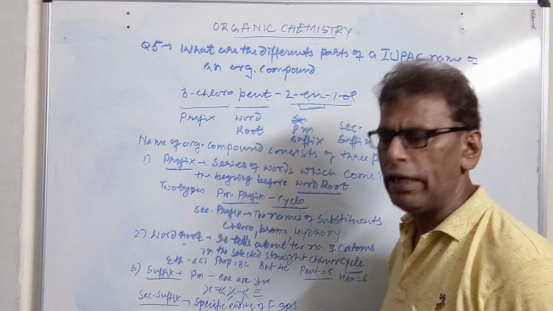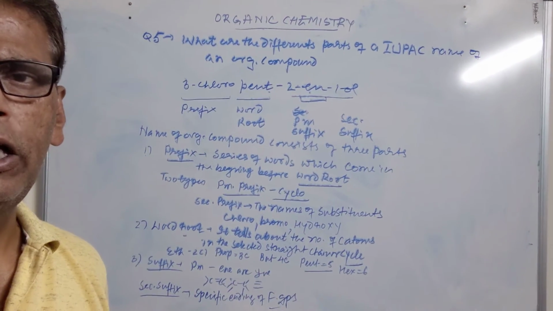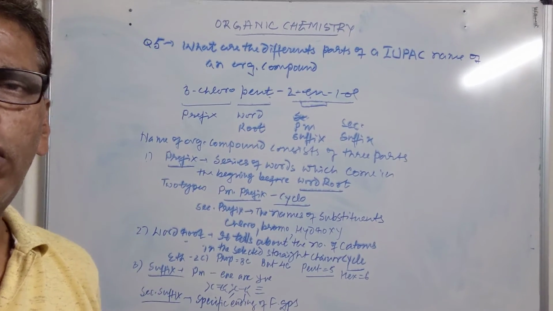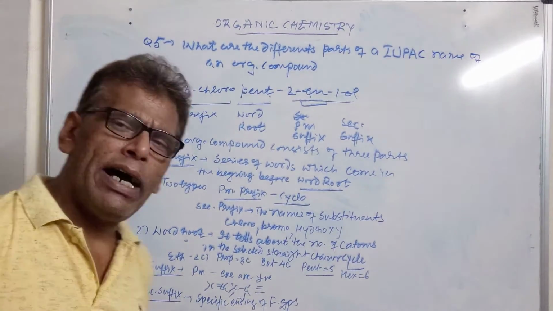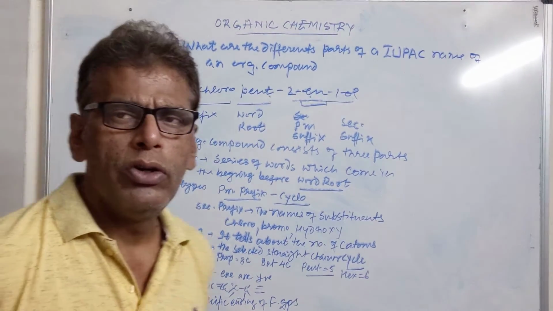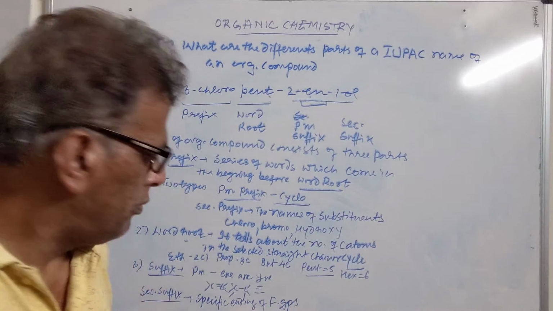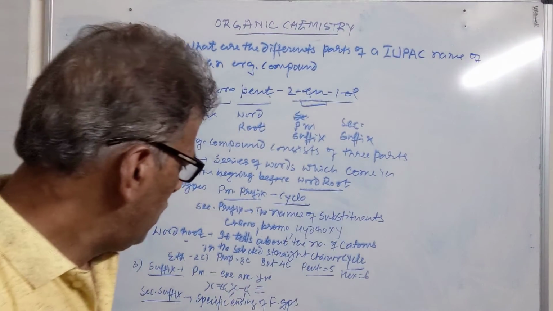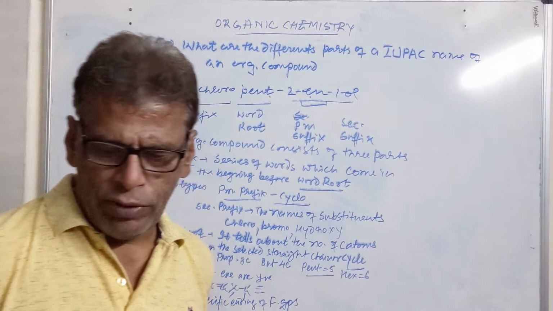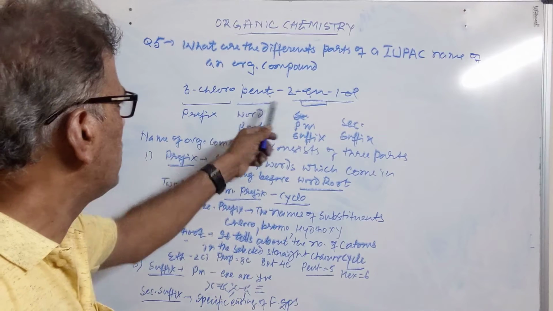For example, for alcohol, secondary suffix is ol. For carboxylic acid, it is oic acid. For amide, CONH2, we use amide. Then we have CO group, we use one, ketone. Then we have CHO group, we use al. So these are the three main parts of the name.